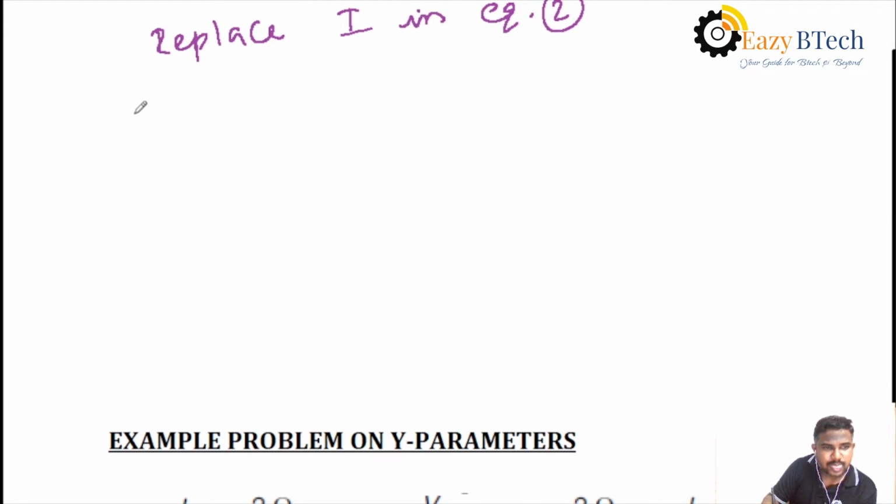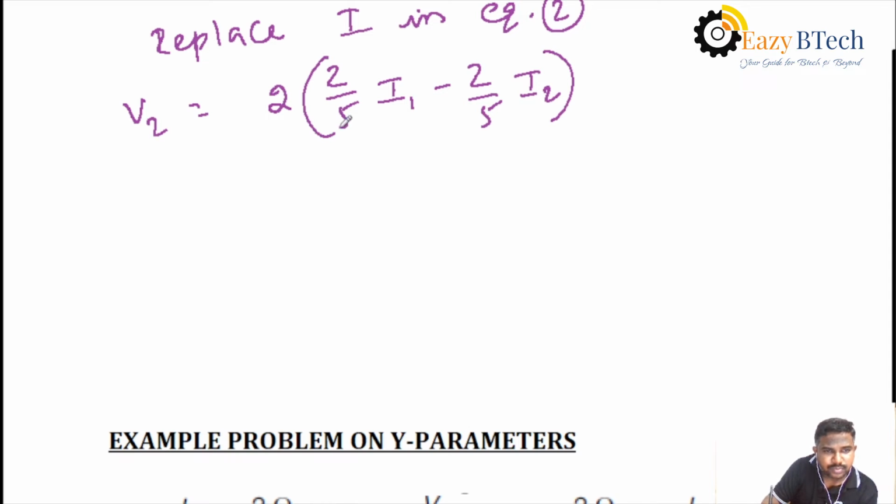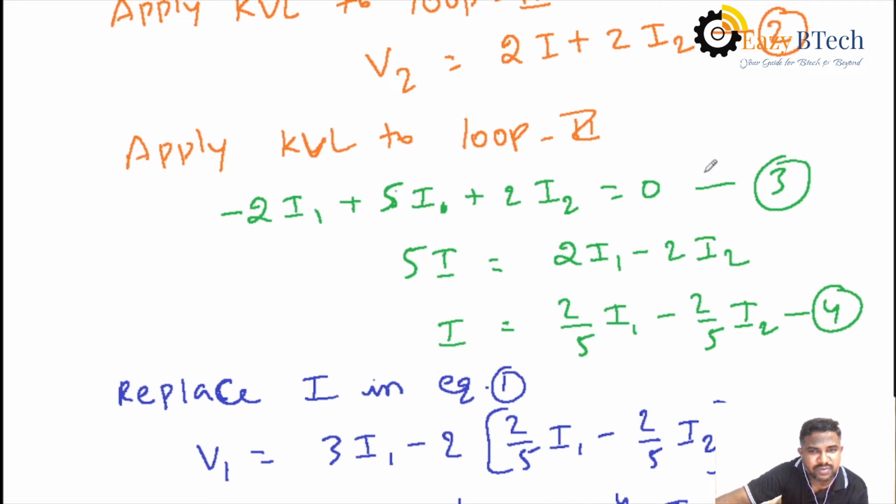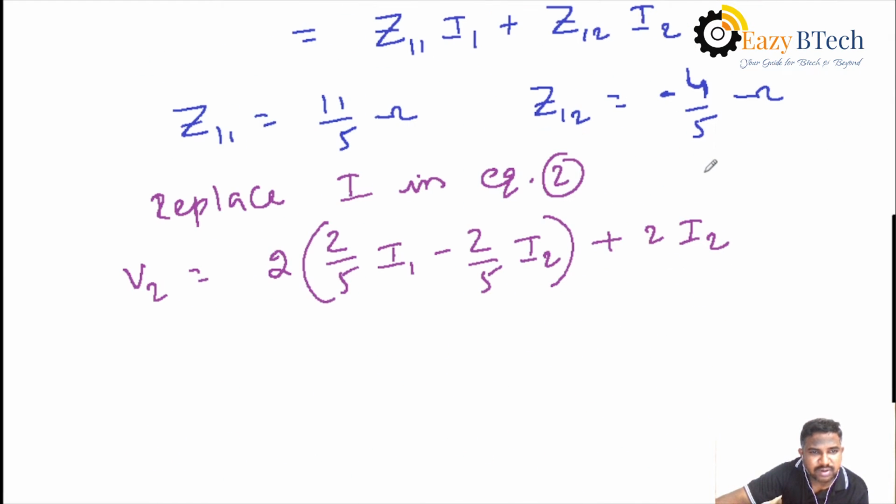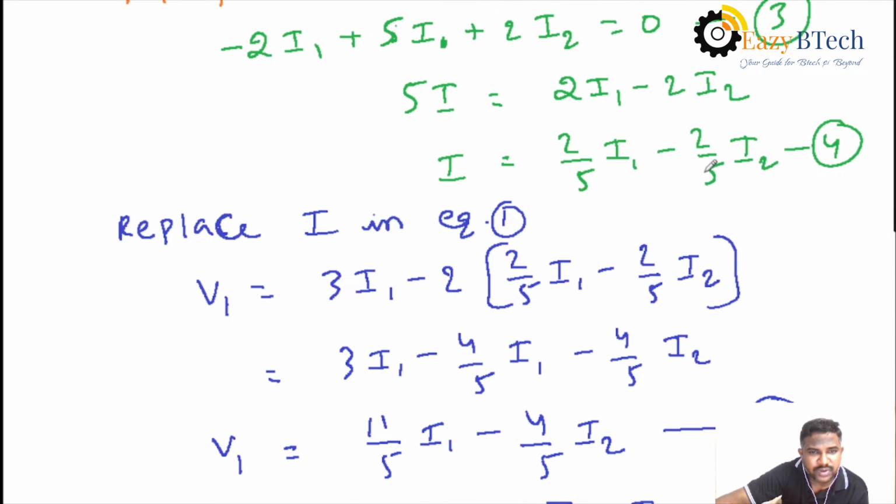That is, V2 equal to 2 into I. What is the I value here? The I value is 2 by 5 I1 minus 2 by 5 I2, plus 2 into I2. This is the equation of V2 here from equation 2. Then I value we know is 2 by 5 I1 minus 2 by 5 I2.